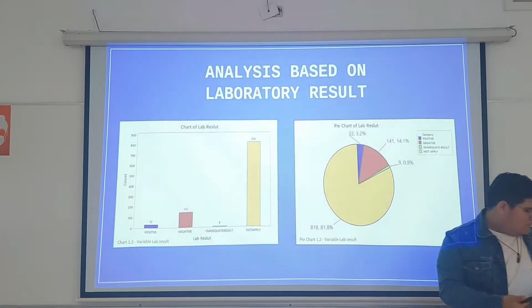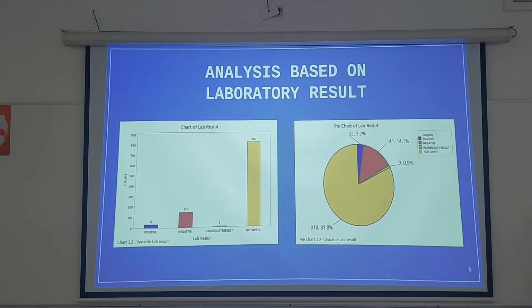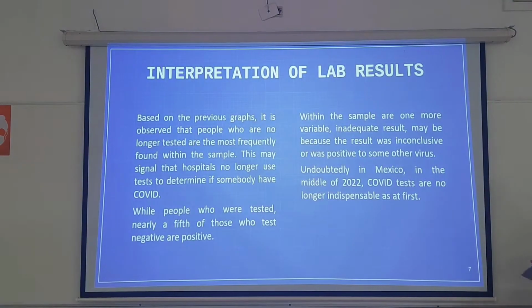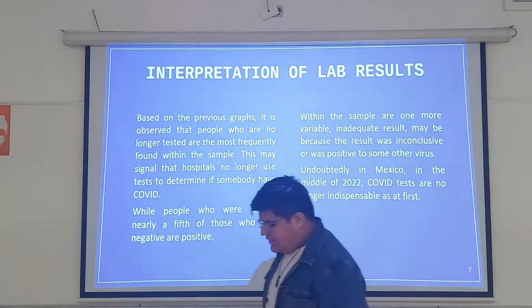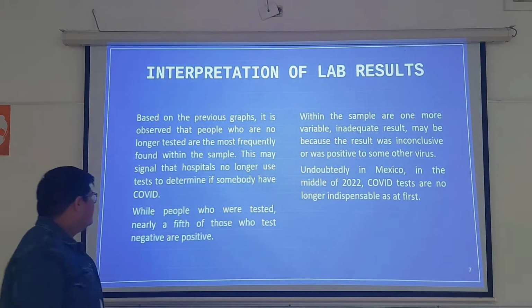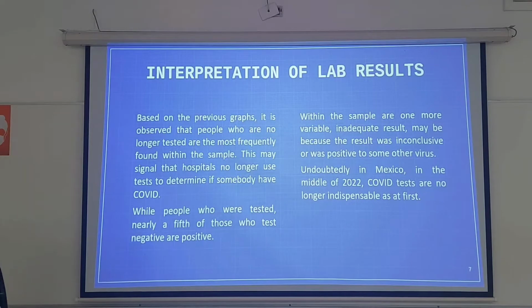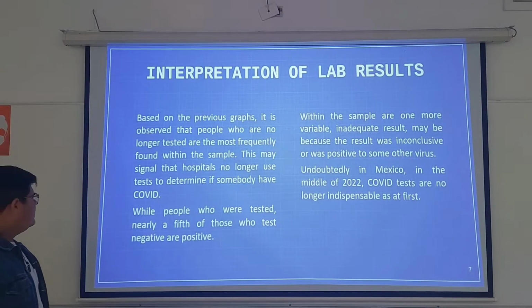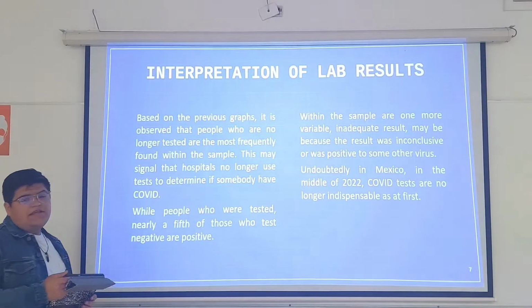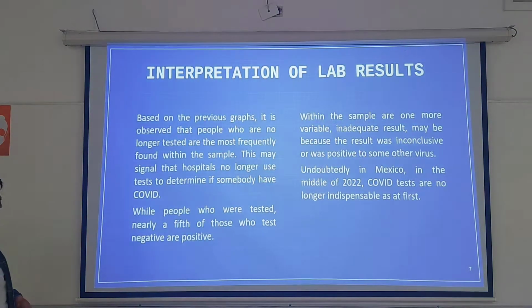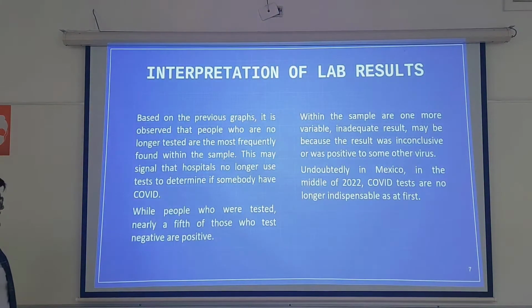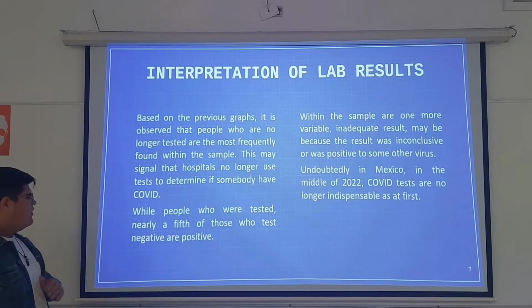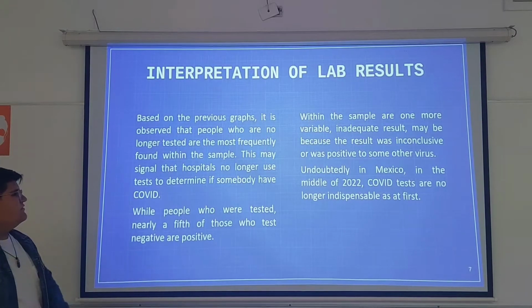Okay? Based on this graph, it shows that people who are not tested are the most frequent within the sample. Okay? This is a signal that the hospitals no longer use the test to determine if somebody has COVID. Okay? While among the people who were tested, nearly a fifth of those who tested negative are positive.